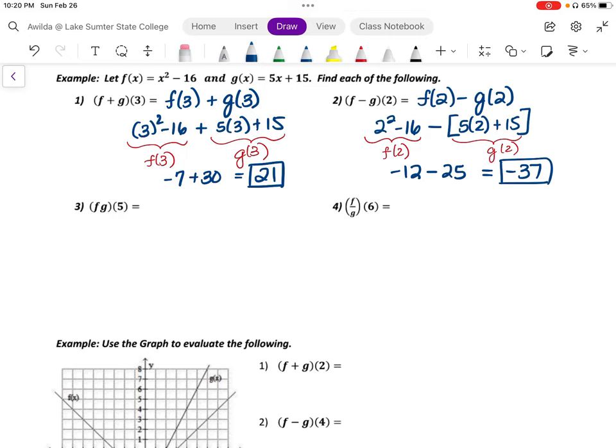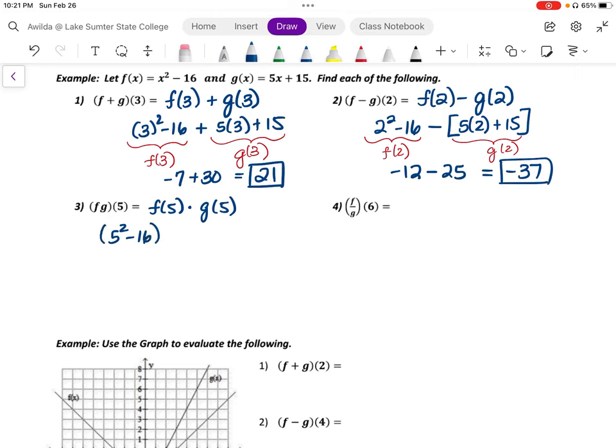When it comes to multiplication, (f · g) evaluated at 5, is equal to f(5) · g(5). f(5) is equal to 5² − 16.